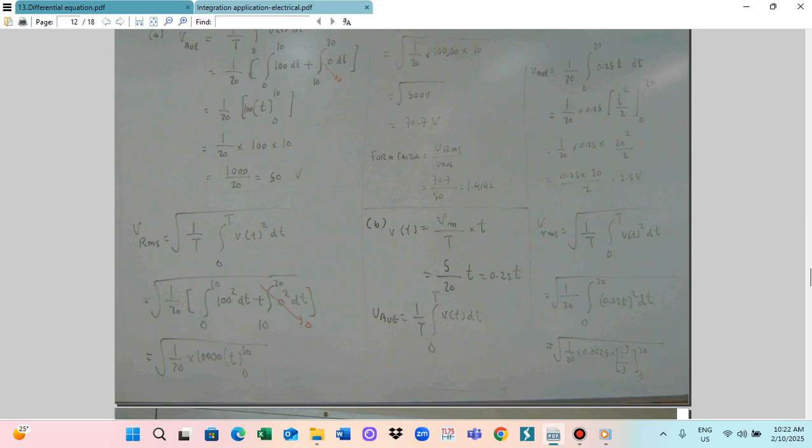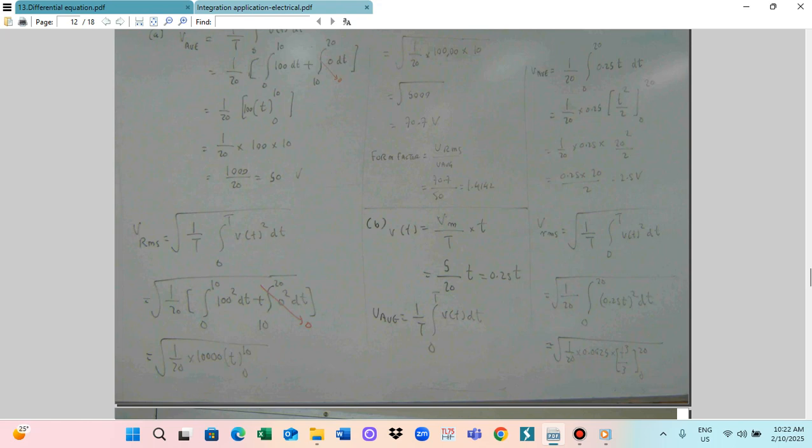Now substitute here: 1 by T is 1 by 20, integration 0 to 20, v(t) is 0.25 t, the whole square into dt. So we get like this.